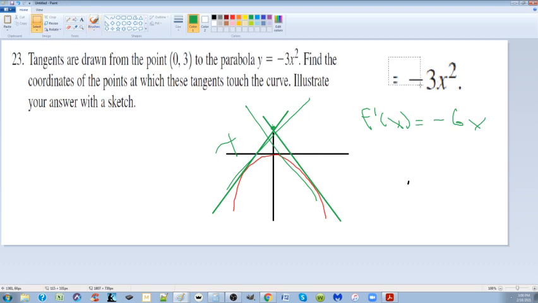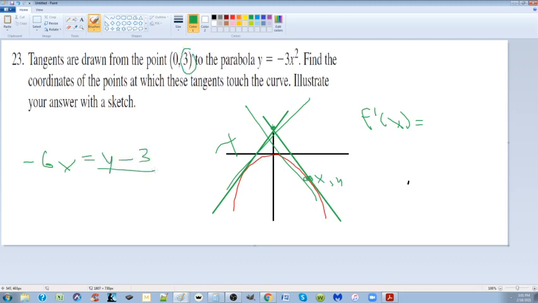So we know that this is going to be the slope, and we also know the slope is going to be, let's call this over here x,y, y minus this y divided by x minus this x, 0. Great. All right. Well, we happen to know we're trying to find x, right? And we need to replace y with something. Well, we happen to know that y is also going to be minus 3x squared.